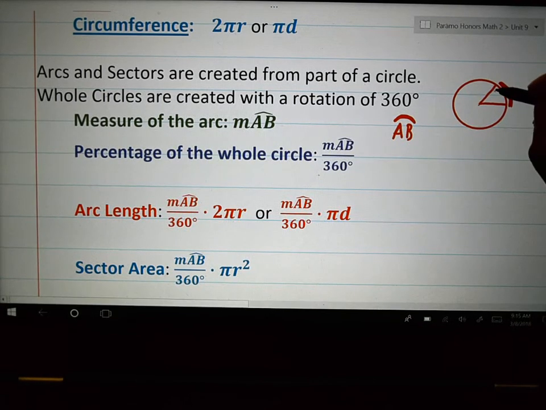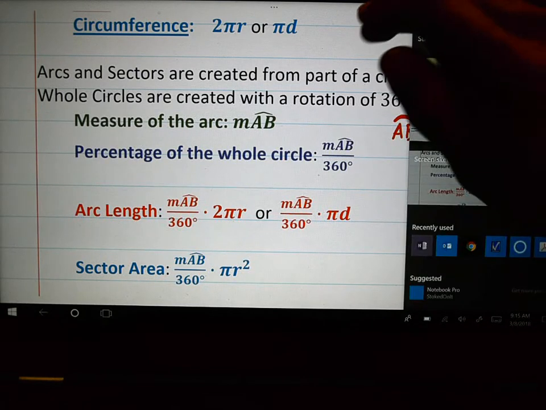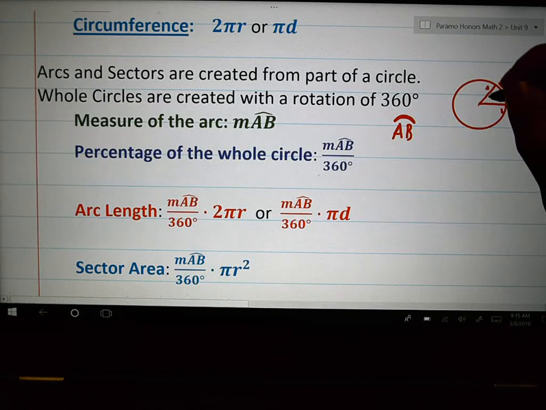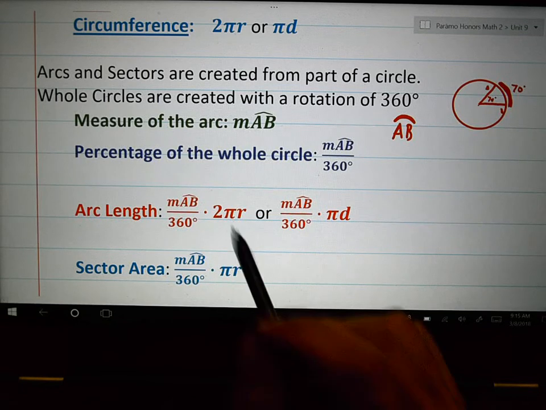And that would mean that this arc is however many degrees this angle is right there. For example, this might be 70 degrees. That means this angle here is 70 degrees as well. That's how much of the whole circle we have.